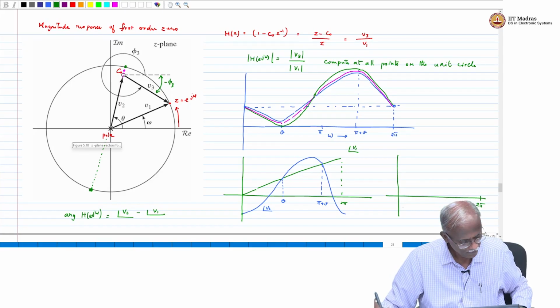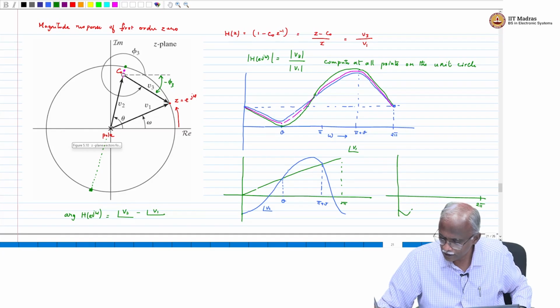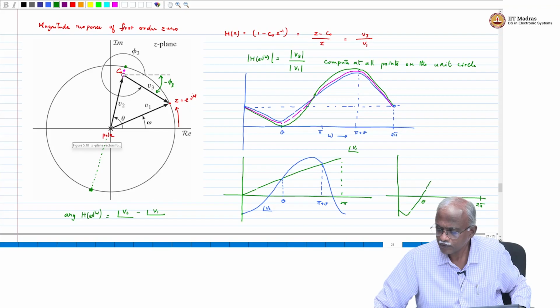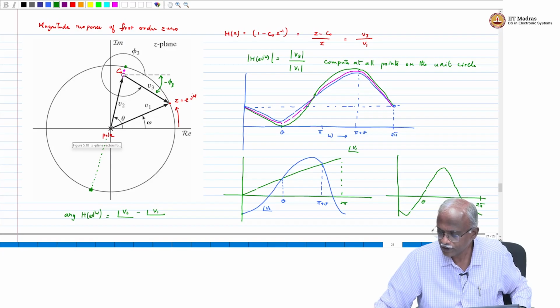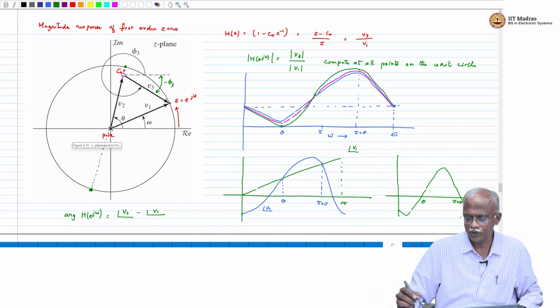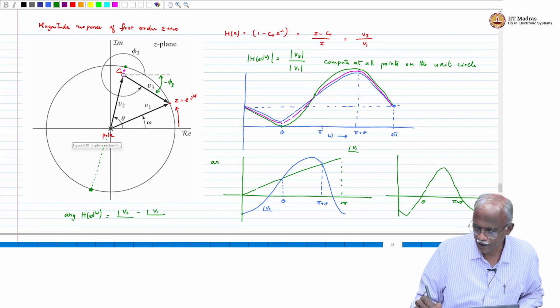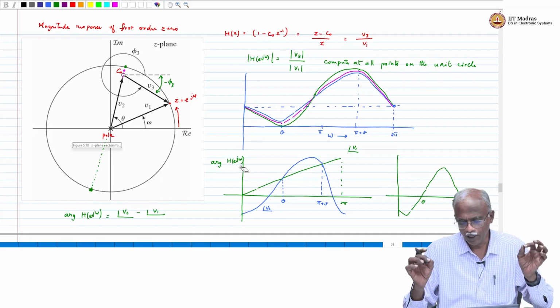Initially it is negative, then at theta it becomes 0, and then at pi plus theta again it becomes 0, and then goes on. So this is the argument of H(e^{j omega}). Okay, I hope you are comfortable how to do that.